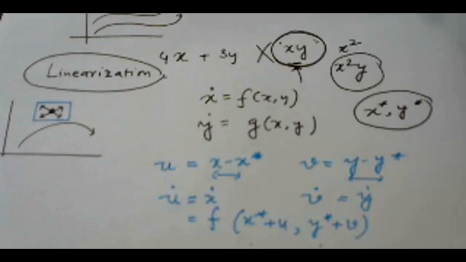Now I have a two variable system, so expansion for two variable functions. How to do that? Tell me what will be the Taylor series expansion of this if I want to expand it around the fixed point (x star, y star). What should be the expansion?